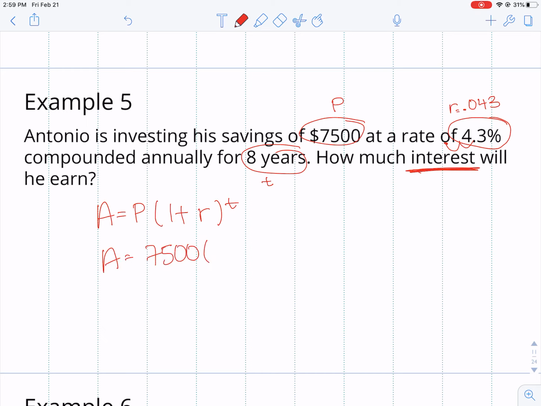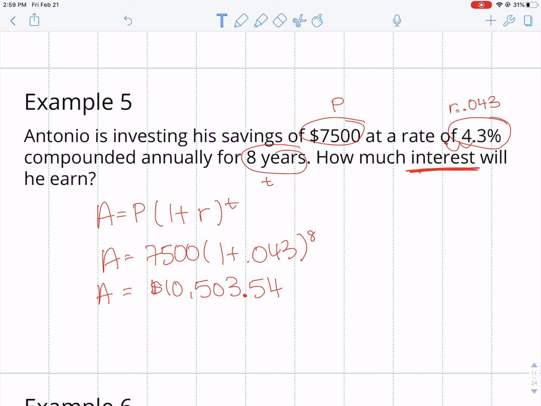So if we plug in our numbers, it looks like this. Calculate it on your calculators. And this gives you a large number. You get $10,503.54.